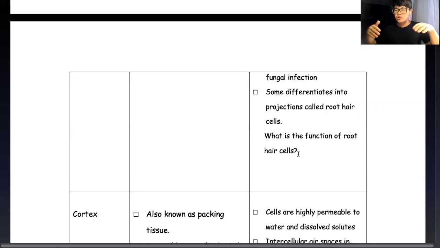Because you want to increase the efficiency for rapid diffusion, rapid absorption of water and minerals. We've discussed this. If you forgot, I would direct you to your notes on topic 1 about specialized cell structure. You look at root hair cell. Should be identical. We discussed before.